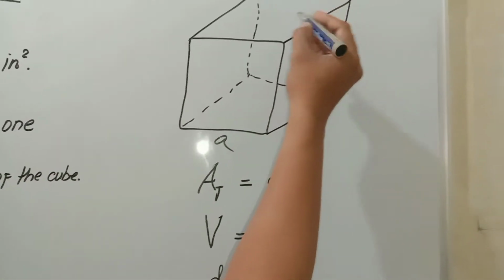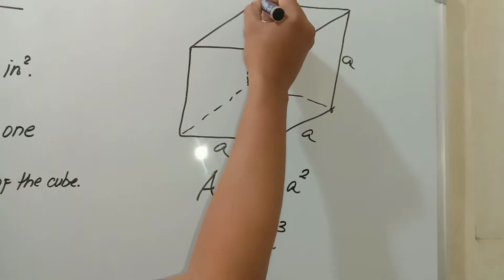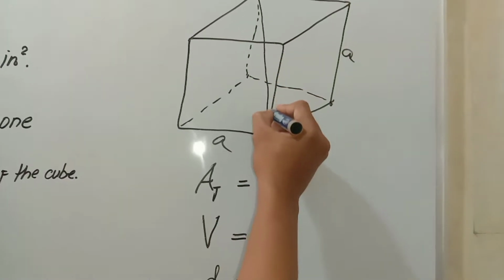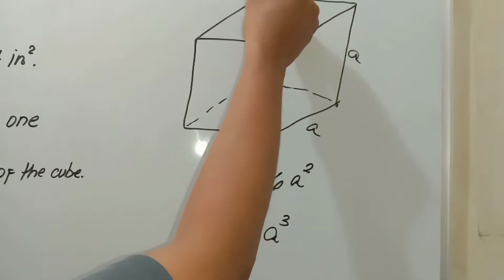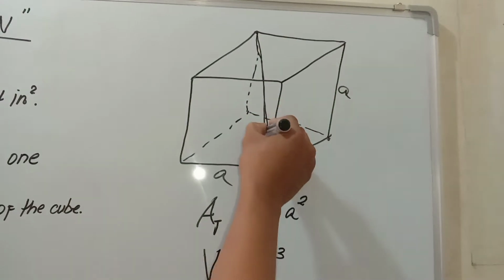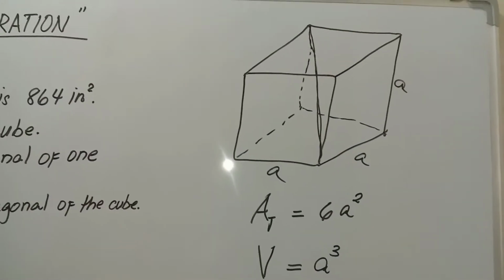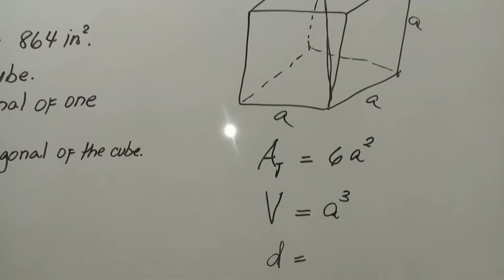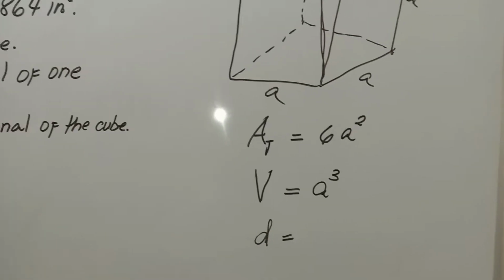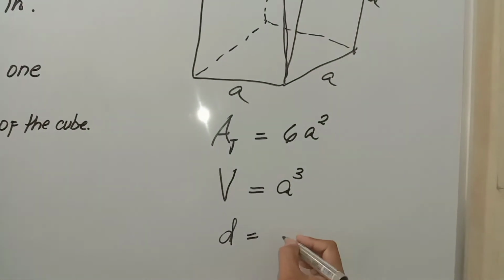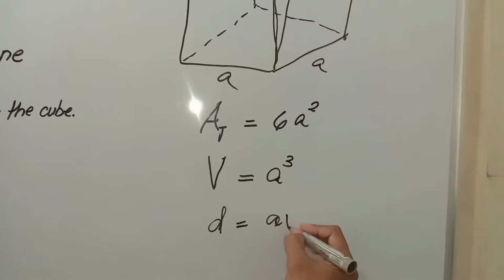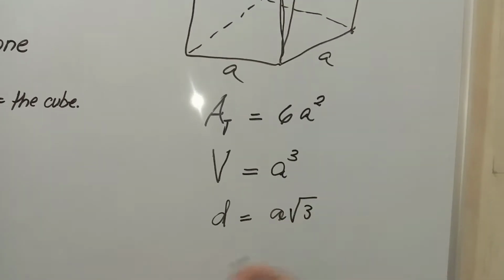So if this is the cube, this is the diagonal, okay? This one, the internal diagonal. Internal diagonal of a cube is equal to a times square root of 3.